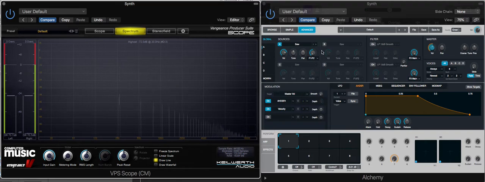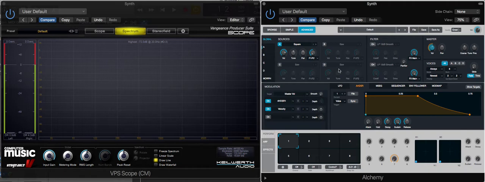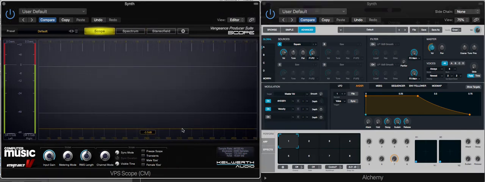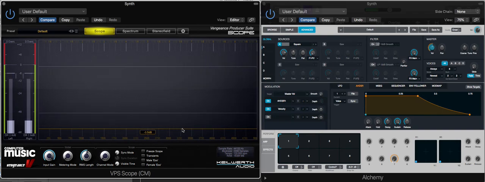Okay, so moving on, we're going to look at a different waveform. So this time we're going to go to a square wave. So let's have a listen and a look how it looks in the scope. So the reason it's called a square wave, you can see that the waveform looks a little bit like a sine wave that's been squared off, pushed down.